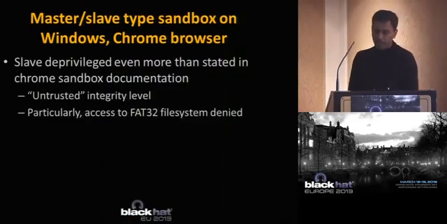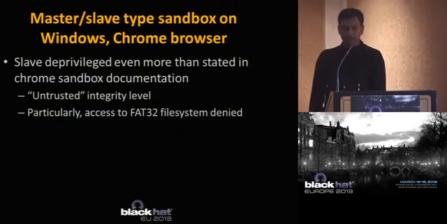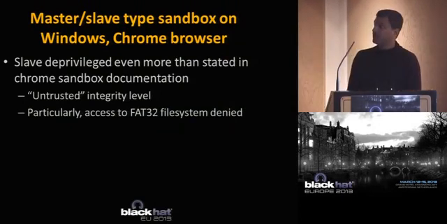Similarly, we found that access to the file system is denied in the Chrome browser, which is interesting because it's not documented in the publicly available Chromium resources. So obviously the Google security team spent extra time and effort adding these additional features.